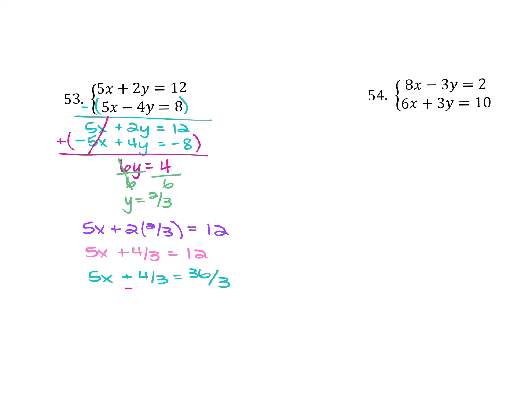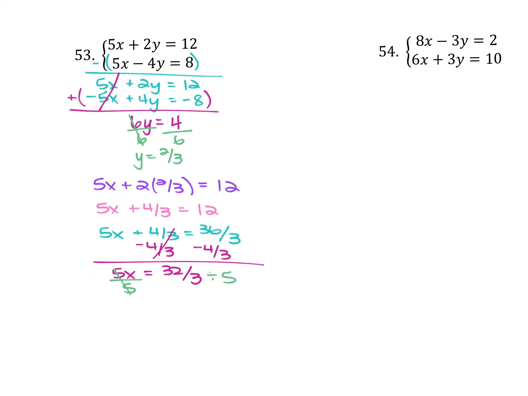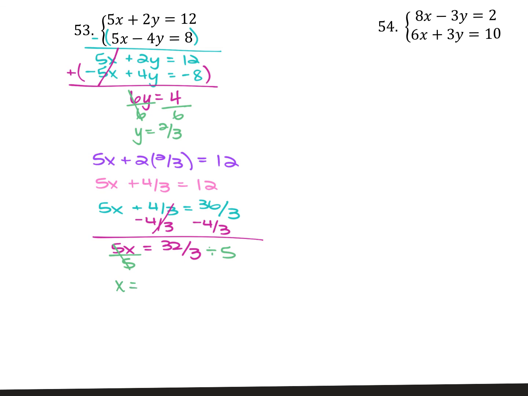From here, we're going to move your 4/3 over by subtracting it from both sides. So this is just 5x is equal to 32 over 3. Then we're going to divide each side by the 5. So this turns into x is equal to 32 over 3 times 1 over 5, because when we divide fractions, we keep, change, and then flip.